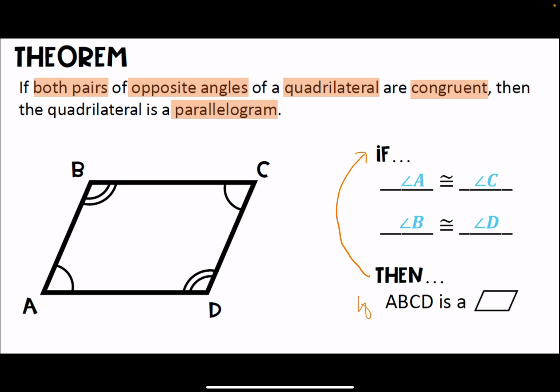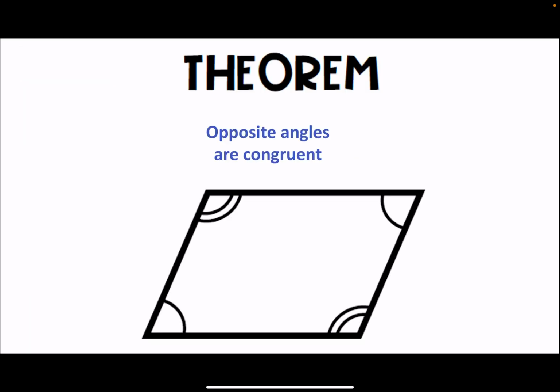If it is a parallelogram, then angle A and angle C are going to be congruent, and angle B and angle D are going to be congruent. So your theorem and its converse are that both opposite angles are congruent. If you want to put both sets of opposite angles are congruent, you can do that as well. As long as you understand you need to have both.